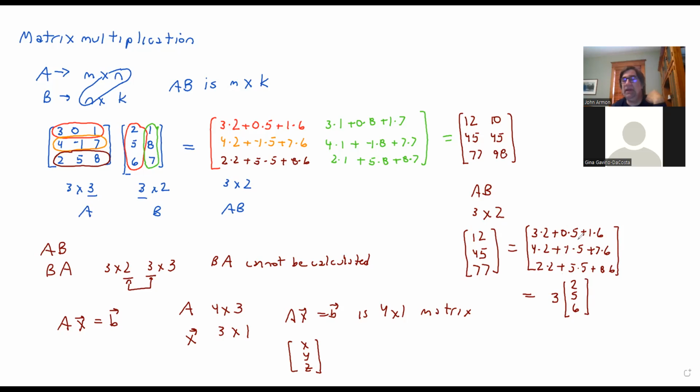So if we think of the columns of B, we can think of the answer as being a linear combination. And that's, like I said, one reason for thinking of it this way. You can actually see how the linear combination is being formed. So you say, how do you get the 12? Well, the 12 comes from the 3, 0, 1, which is the first row, multiplied by the entries in the first column.